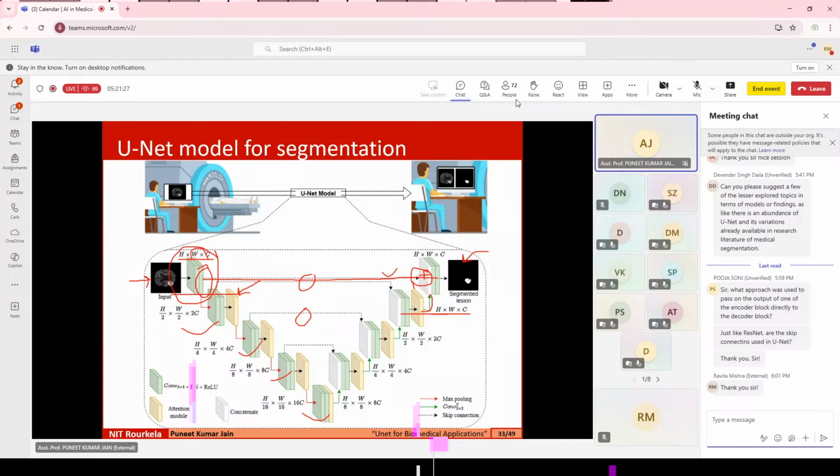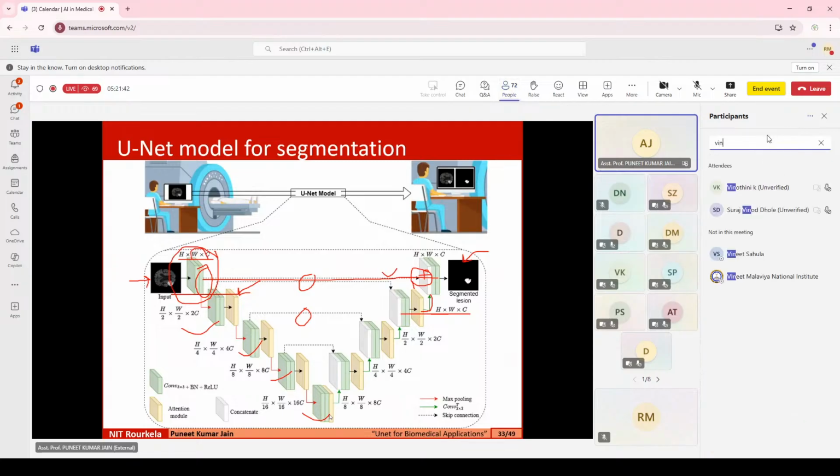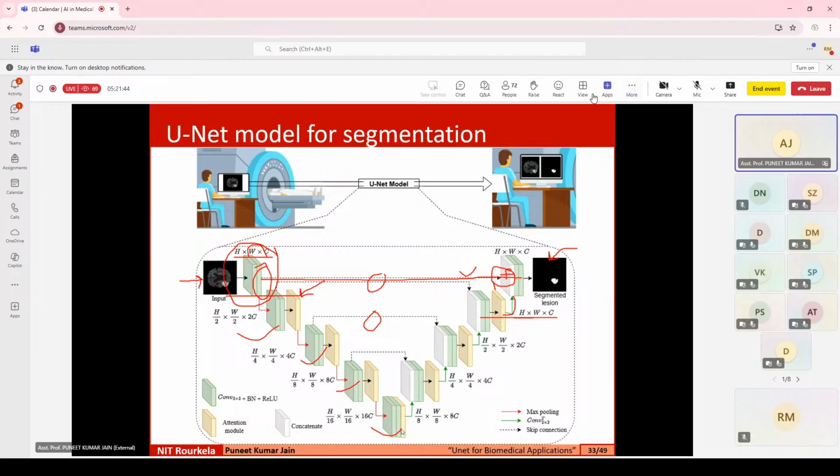If you observed the comparison table, there are lots of variations, like Res-UNet plus plus. So you can correlate the skip connections, but not exactly, because in UNet they are layer-wise, while in ResNet they are sequential. The second point is that we can use ResNet blocks as encoder or decoder convolution modules.